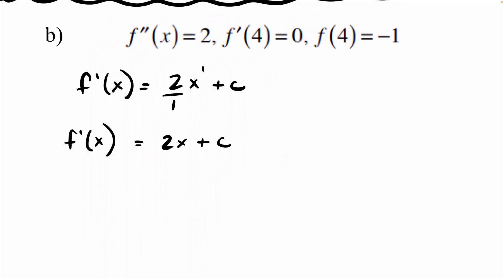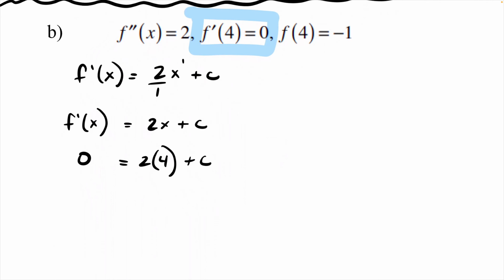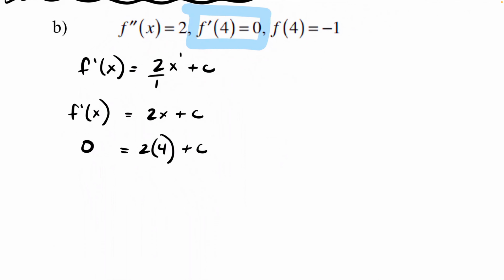But they've given us a condition for the derivative. They said, hey, for the derivative, when you plug in 4 for x, you're going to get 0 as an answer. So I'm going to plug in 4 for x, and I'm going to get 0 as an answer. So I get 0 equals 8 plus c.